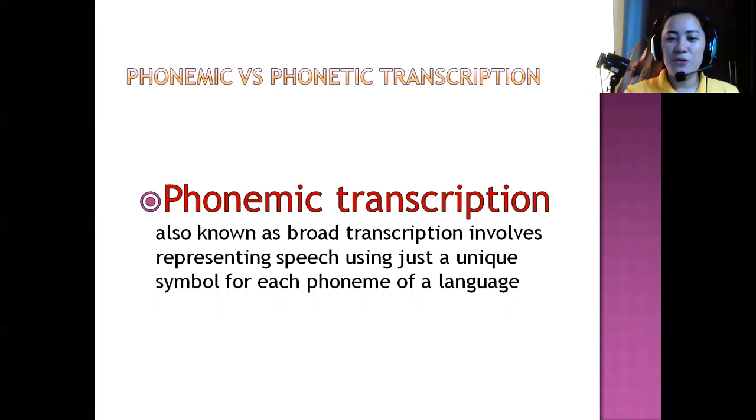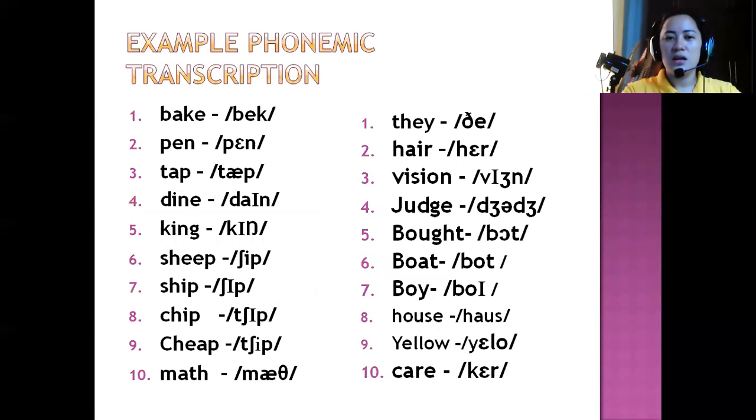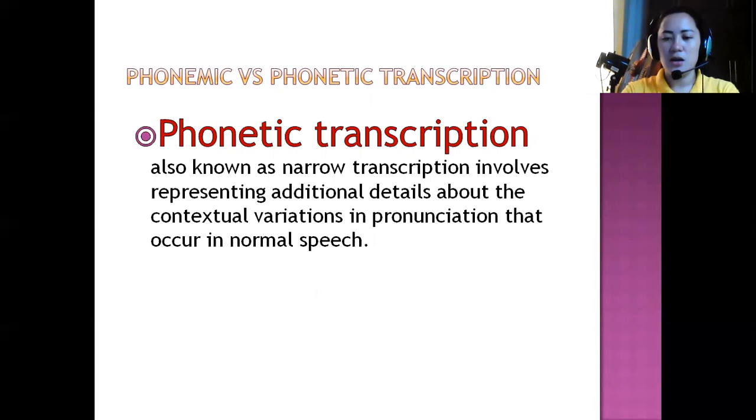Okay, so for phonemic transcription, we will be using angle brackets or the two slashes. For the phonetic transcription, it is also known as a narrow transcription that involves representing additional details about the contextual variations in pronunciation that occur in normal speech.